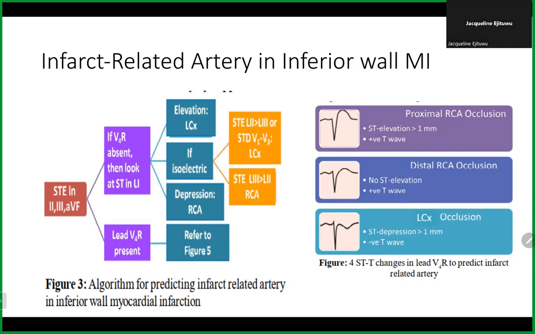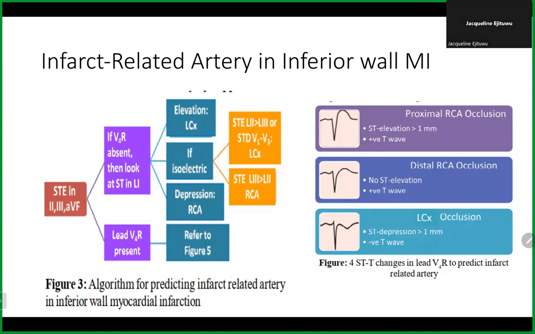I understand. I just want to confirm which lead, so that I don't make an assumption. Okay, I thought it's V4R, but it's clear now. I will check it up later. Thank you for the contribution.